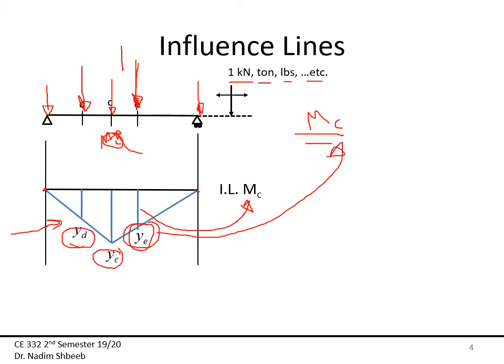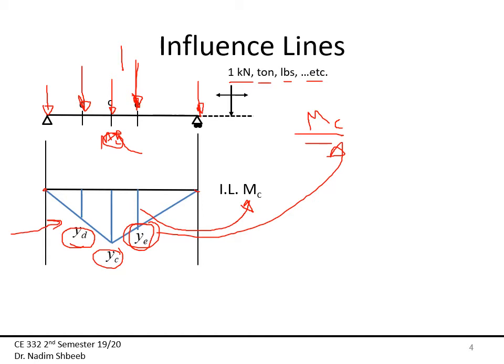It is giving me how the section at C behaves; obviously you could expand that for the shear at C if you want to. So it's showing me the behavior of the section at C due to the change in the position of the load.